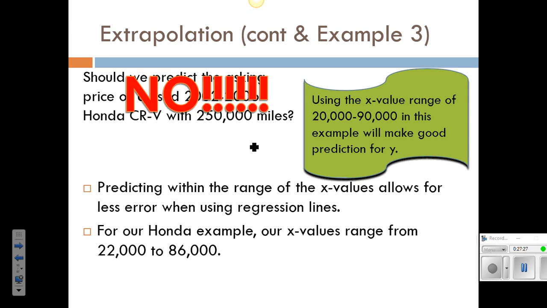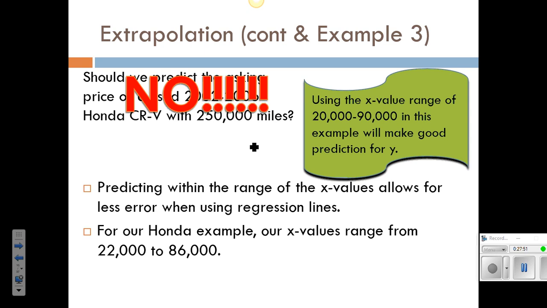Now, my opinion is, if you can extrapolate a little, it's not going to hurt. However, beware. Technically, it is extrapolation if you go outside of 86,000. But if you go to 90,000, I think it's pretty much the same. What do you guys think? What about 20,000? That's kind of close to 22,000.